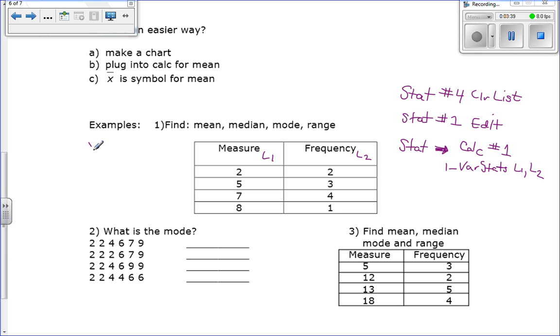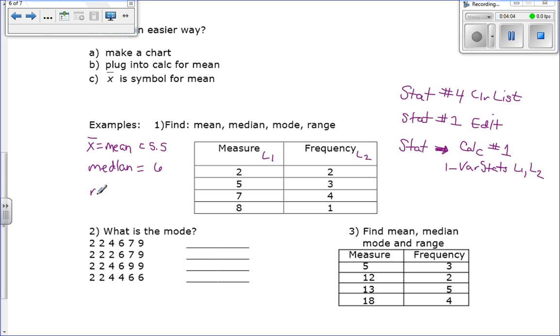And we look for this symbol, which is the mean. And the mean of this data is 5.5. And the median is actually listed in the data set, and I'll show you where that is. And it is 6.